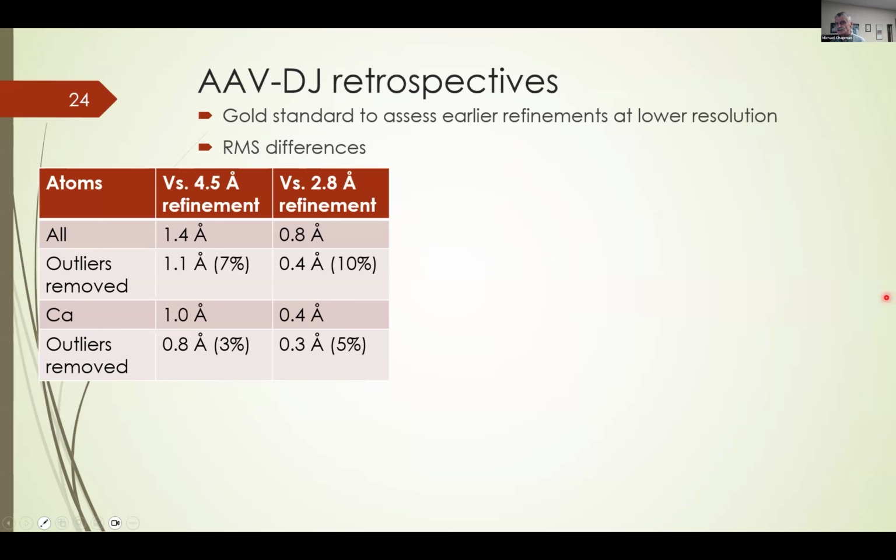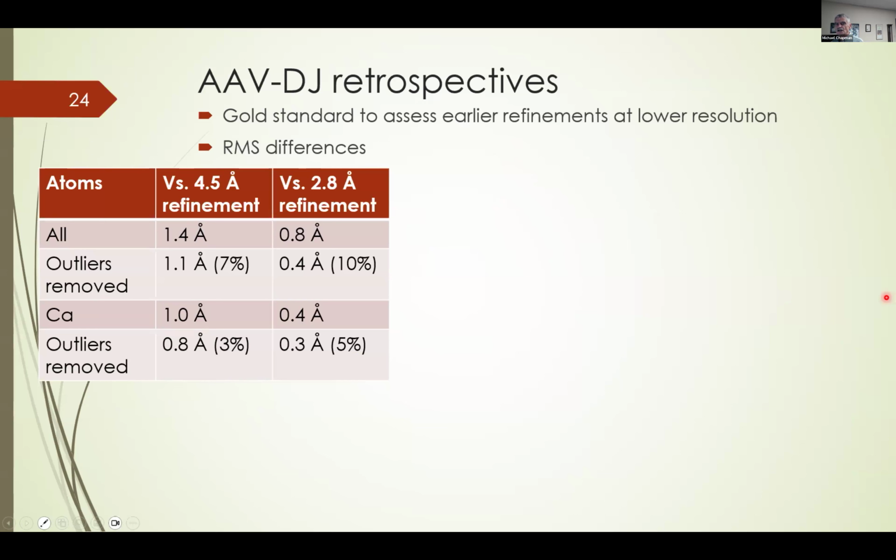And statistics are shown in this table here. We're looking at the RMS deviations in terms of atomic coordinates. Now, you'll see that in both cases, the accuracy is about 3 times better than the nominal resolution.